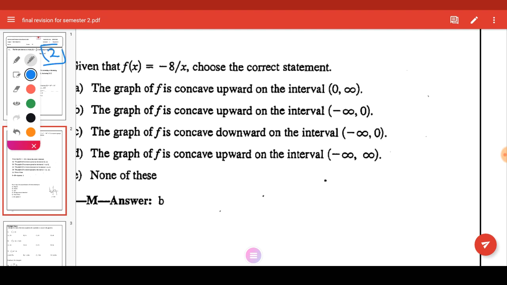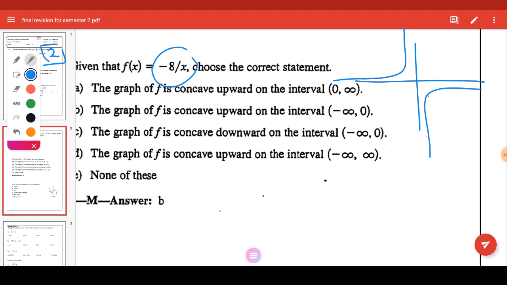This function is drawn in two quadrants: the second and the fourth, because it is a reciprocal function and the numerator is negative.